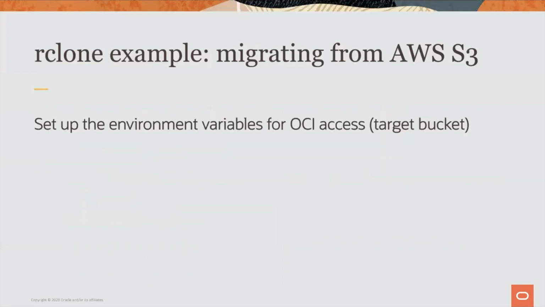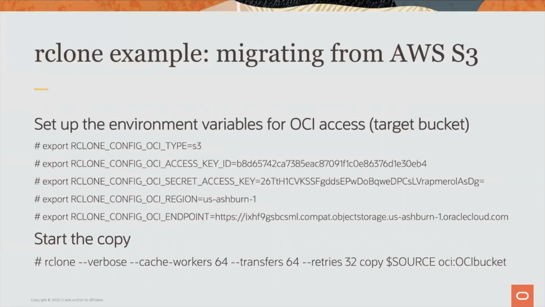And then you have another set of environment variables for your destination. The type is again S3 because, as mentioned, we use the S3 APIs in rclone to access OCI object storage. You specify the access key and the secret access key. This is the key pair that you generated from the OCI console.